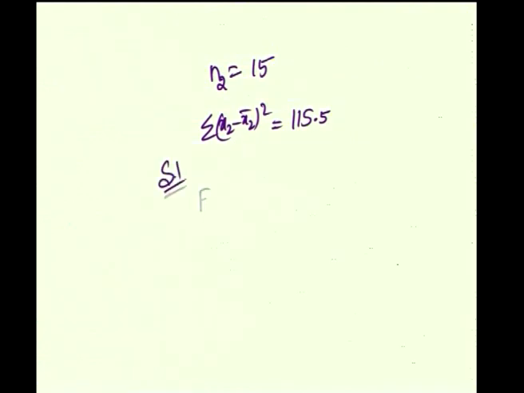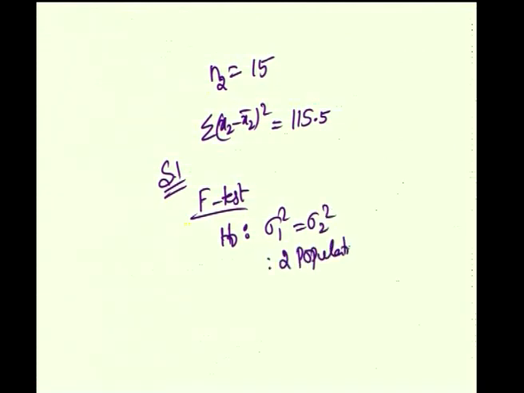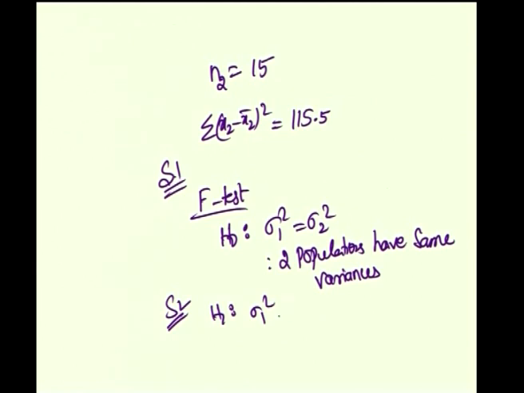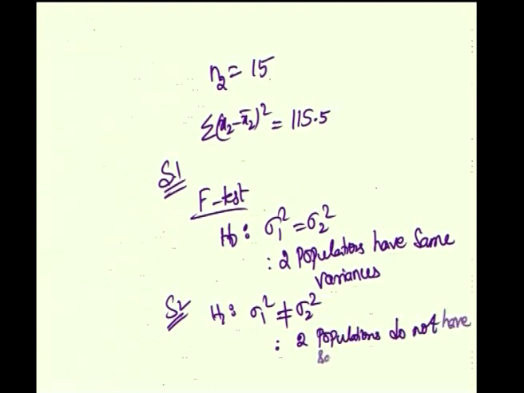Now, we go ahead with the F test procedure. First of all, H0 is sigma 1 square is equal to sigma 2 square. The two populations have the same variances. Whereas H1 says sigma 1 square is not equal to sigma 2 square. Therefore, two populations do not have same variances.